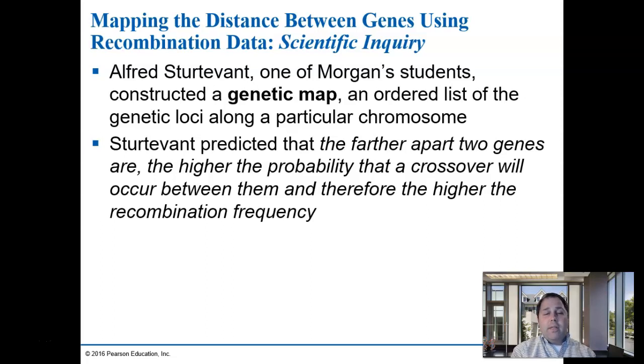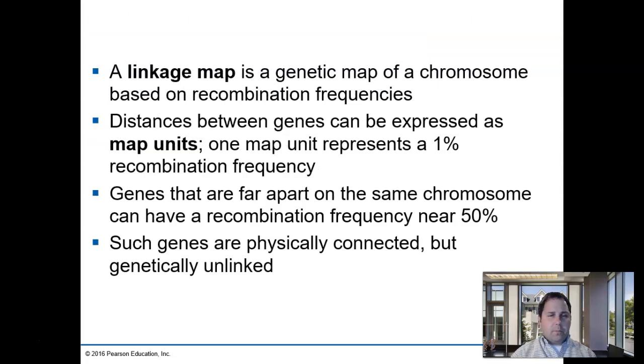So the lower it is, the closer they are. The higher the recombination frequency is, the further apart they are. Up until you get to 50% recombination frequency, which suggests they're either on separate chromosomes or they're so far apart on a particular chromosome that they basically cross over freely whenever it wants to.